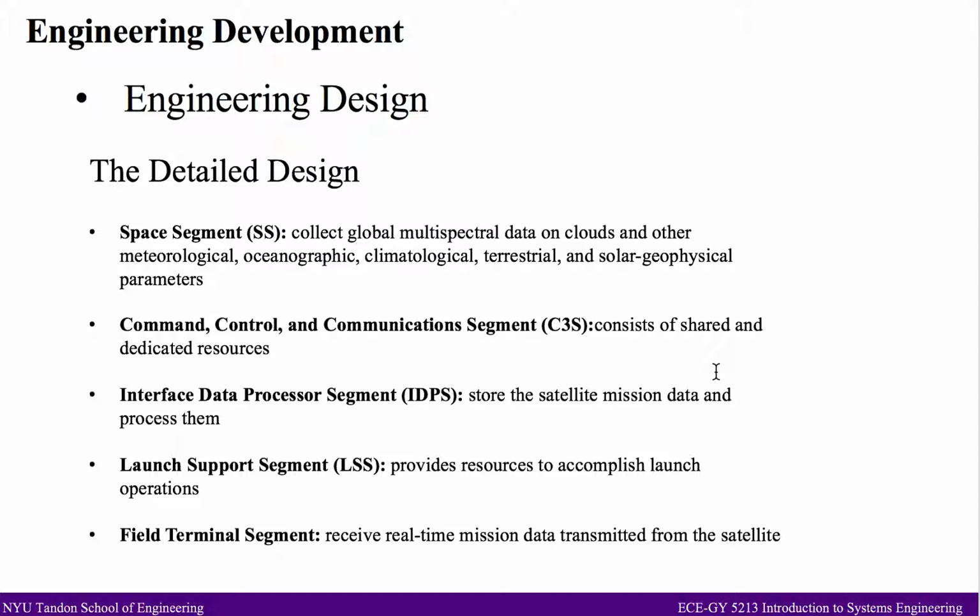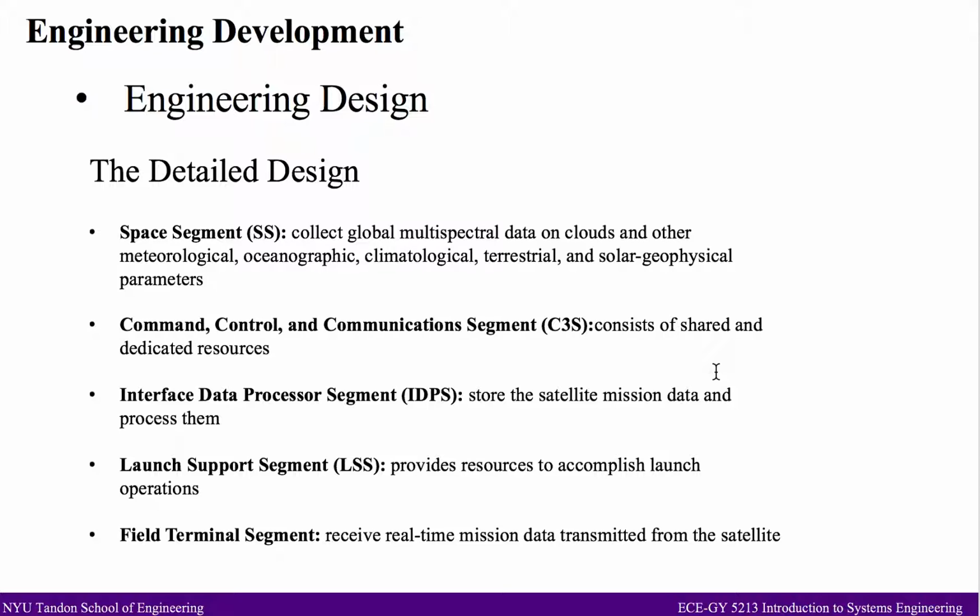So for the detailed design, the space segment consists of a satellite that will collect global multispectral data on clouds and other climatological and solar geophysical parameters.